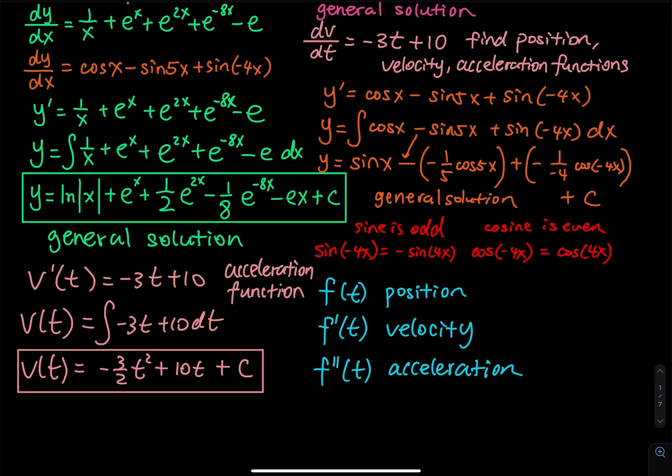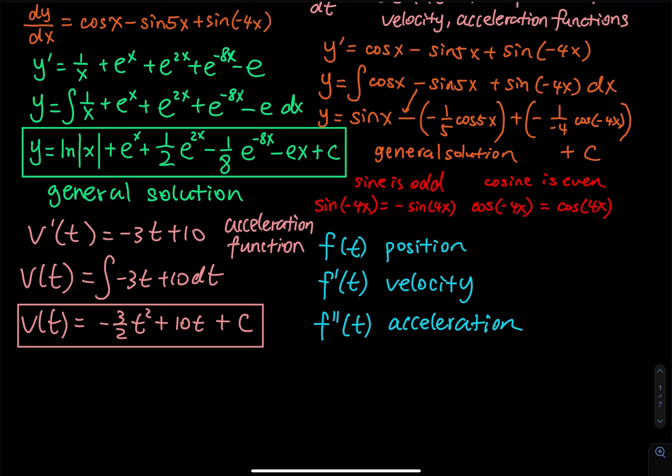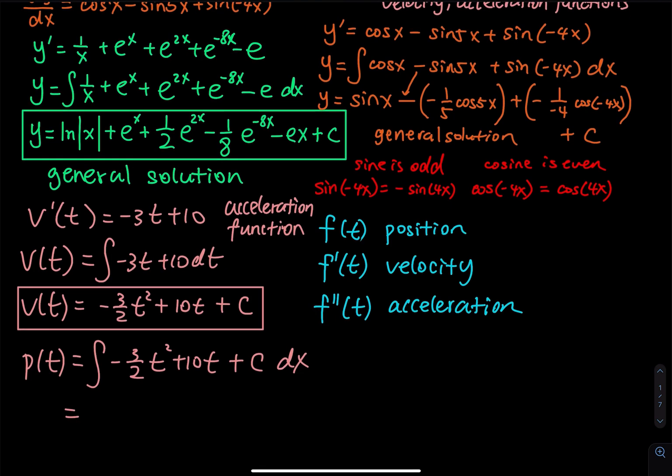And then let's go ahead and find the position function. To find the position function, you will have to take the integral one more time, right? So let's take the antiderivative one more time. For the position function, let me just use p. That is the integral of negative 3 over 2 t squared plus 10t plus c dt. So we have that equal to, this is a third power, right?